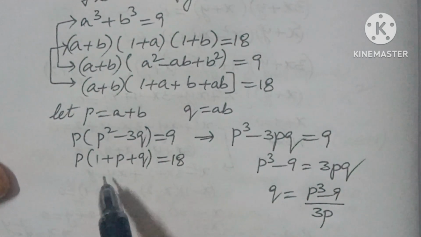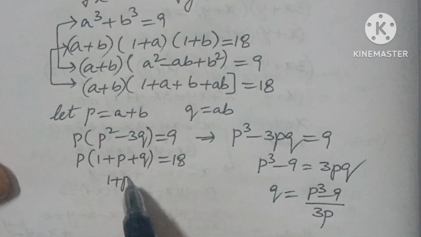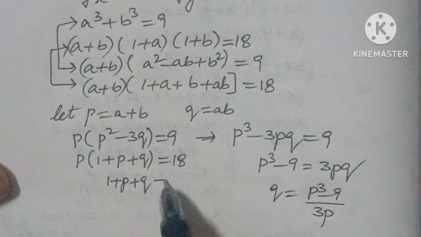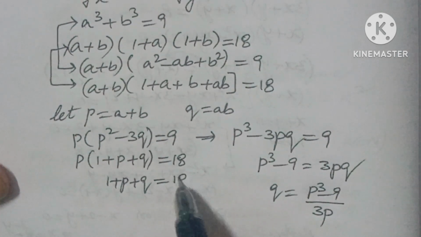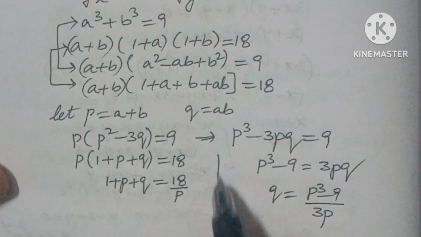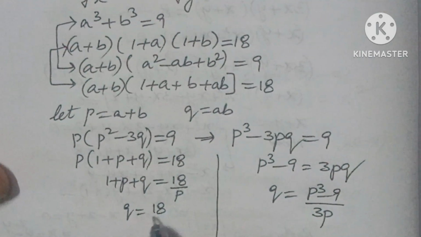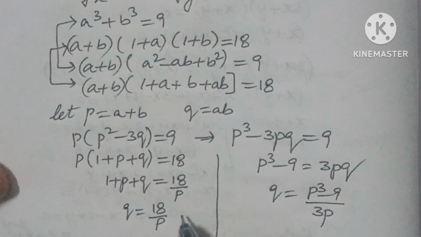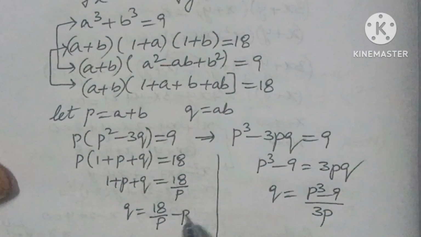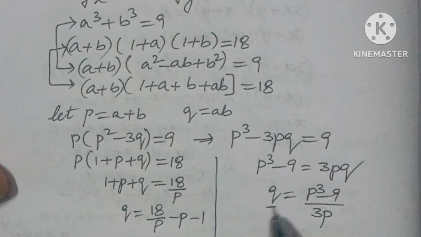Here also we can get 1 + P + Q = 80/P, so Q = 80/P - P - 1.